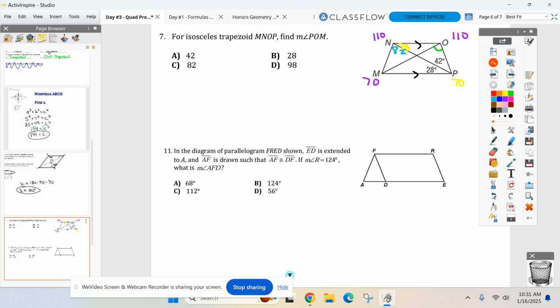Ooh, I like it. Abby, what's good? Isn't OMP 28?